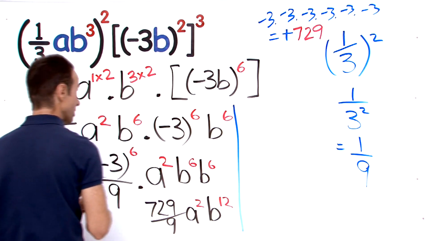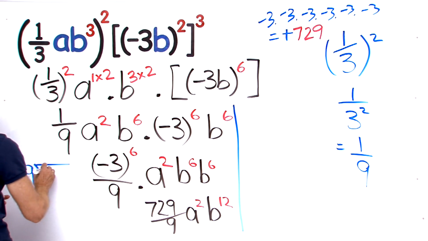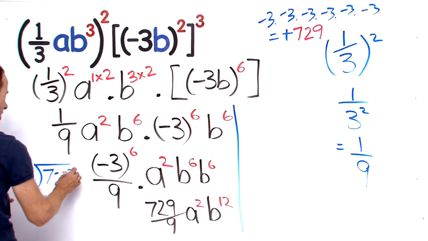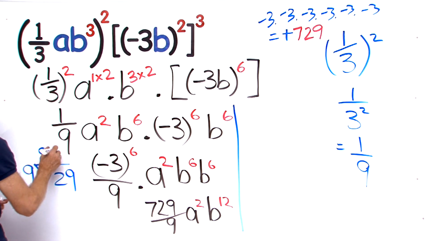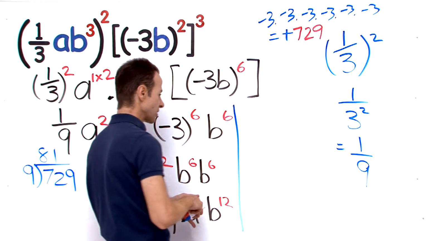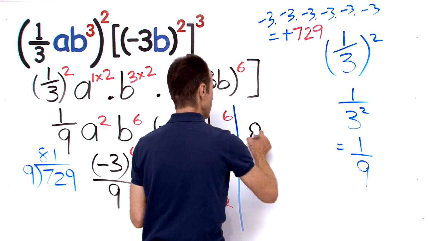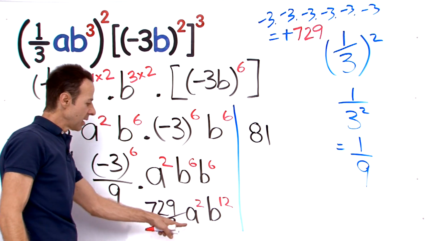729 divided by 9, what's that? 9 into 729. 9 into 72 goes 8, 9 into 9 goes 1, so 81. So 9 into 729 is 81. So let's write that down here: 81. There's the A squared.